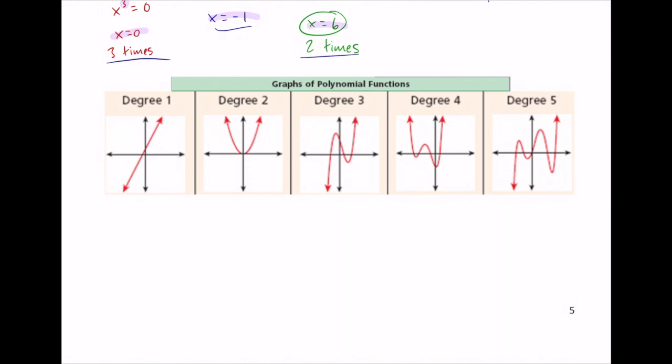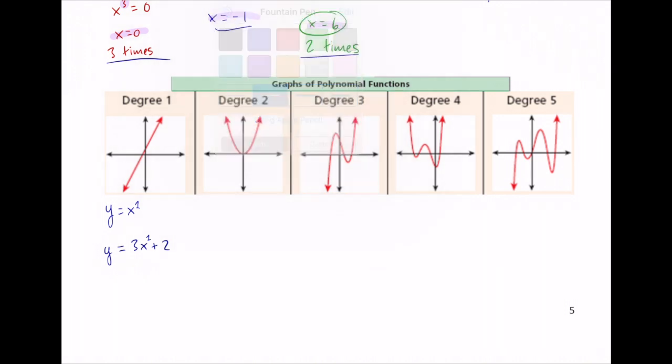Let's look at what the different types of graphs will look like. If something has a degree of 1, a simple example would be y equals x. That's just going to look like a straight line. Another way that could look is y equals 3x plus 2. Our degree is 1 because the highest exponent is 1.